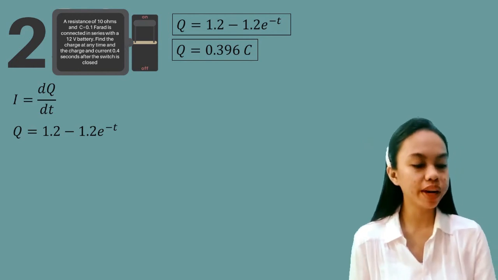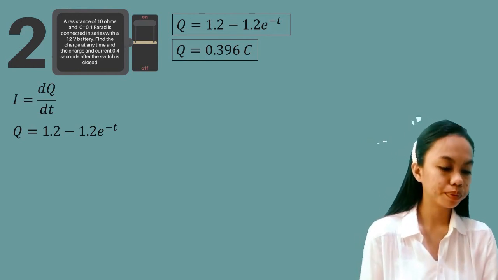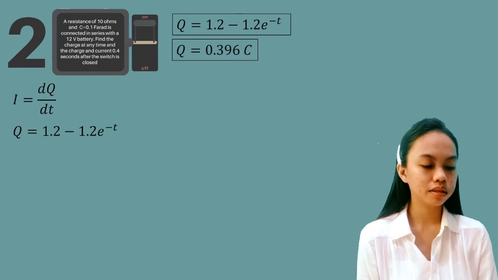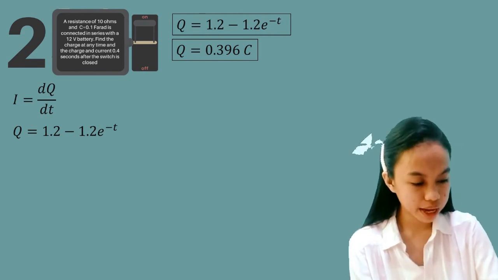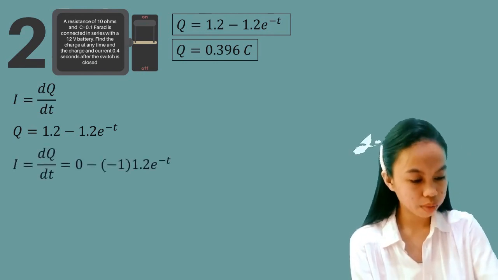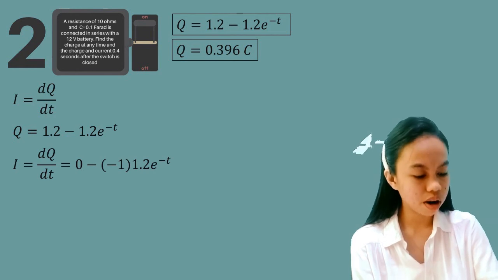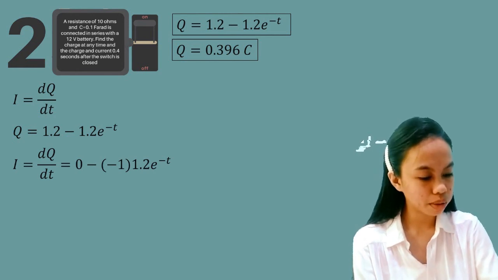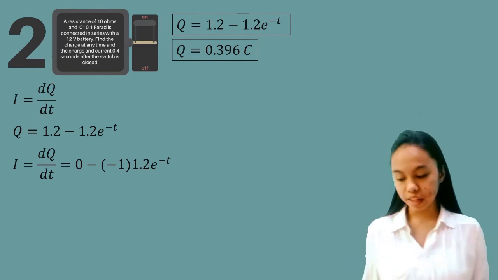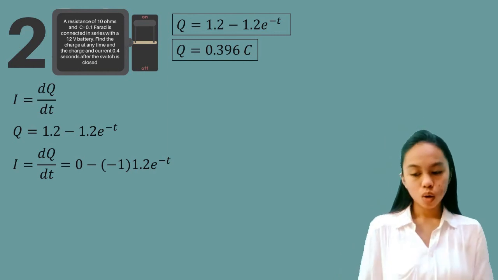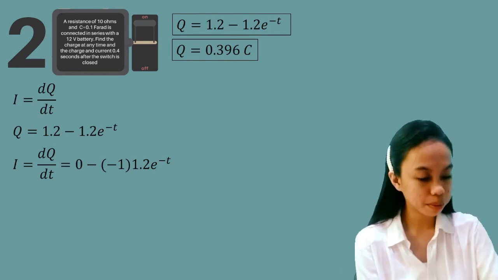So if we evaluate our q, we will be getting 0 minus negative 1 times 1.2 e raised to the power of negative t. Okay, so we will simplify this one.